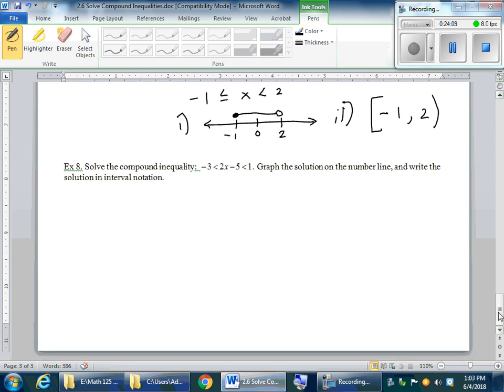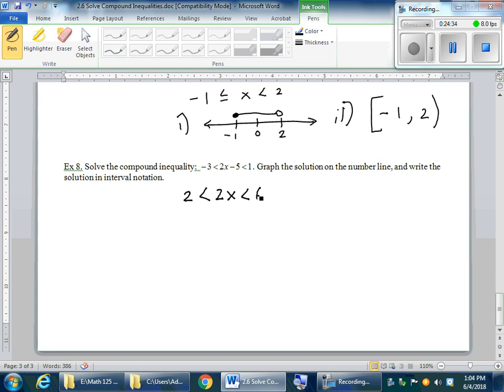So the next example, which is the last one, is the same thing as the previous one. So first, I'm going to add 5 to all three parts. Now this time I will skip the step. So negative 3 plus 5 will become 2, less than 2x, less than 1 plus 5 will be 6.